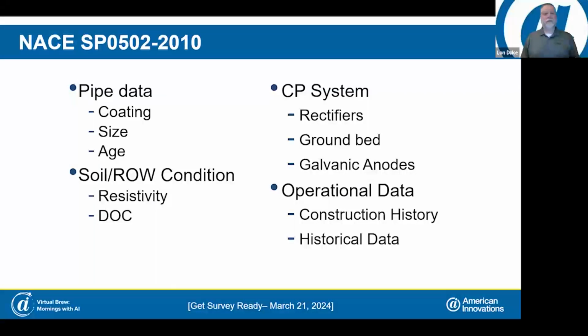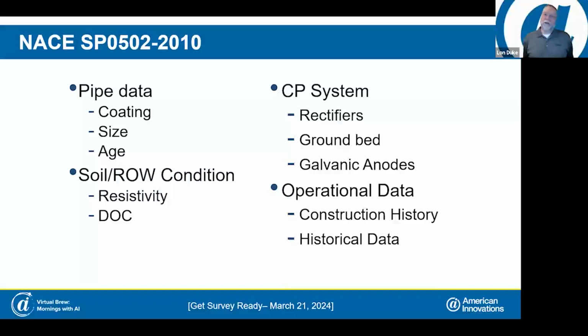Again, the CP system. Do you have rectifiers out there? If you do, what type of ground beds are there? Where are they located? Or is this a galvanic anode system? Which, if you're going to do CI and you're going to try and do interrupted, that causes other issues that you're going to have to take care of.